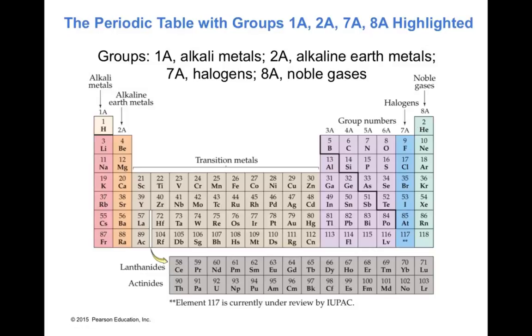Also, I would like to highlight that there are two groups from the transition metals that you'll see outside of the periodic table, but they are part of it. They are known as the lanthanides, this group, and the actinides, this one. These two groups are supposed to be in this area.